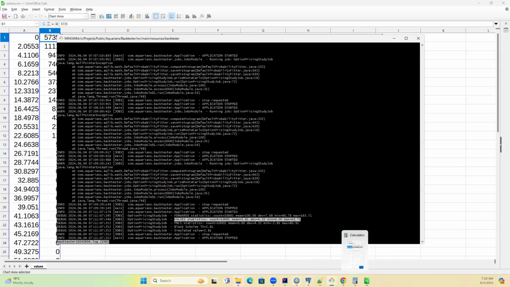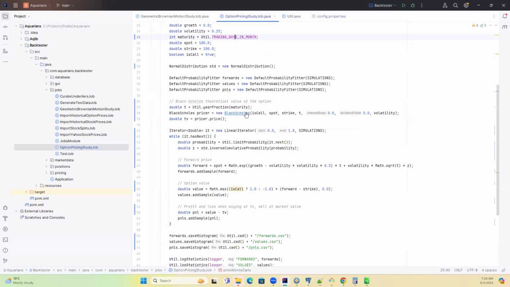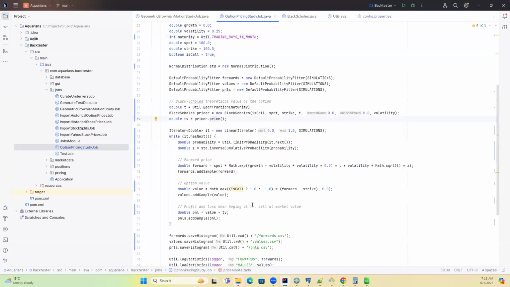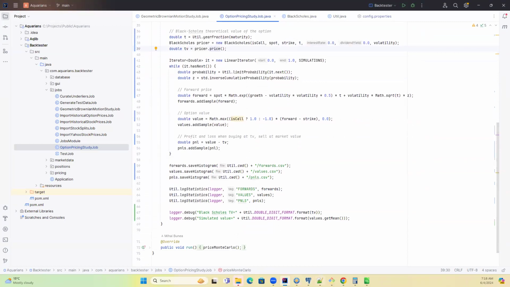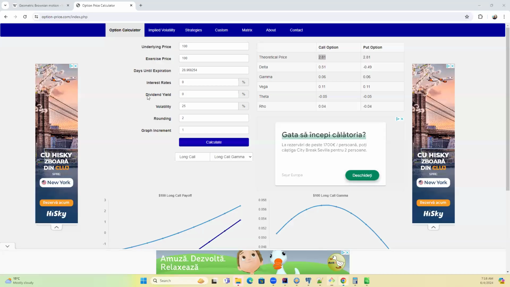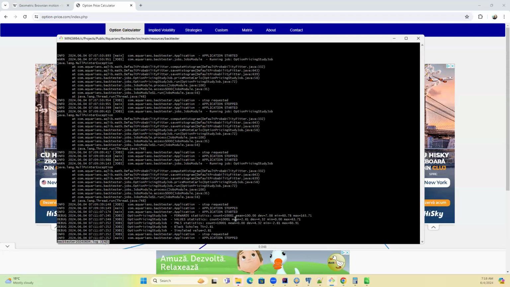And I also have this calculation directly, using the Black-Scholes formula, and if I log that, I get just like this website. The Black-Scholes price is 2.81. The statistical average price calculated using a statistical simulation is again 2.81.